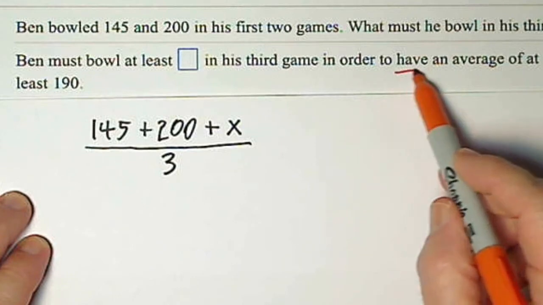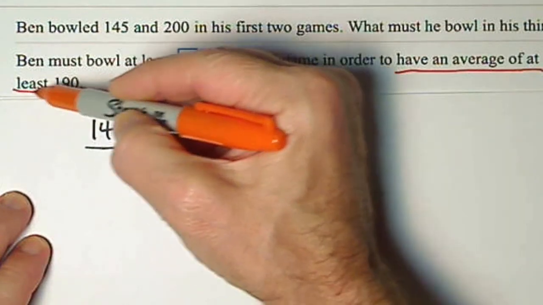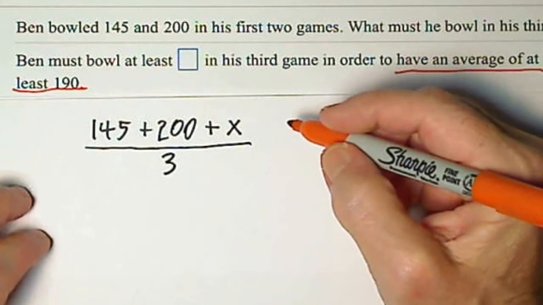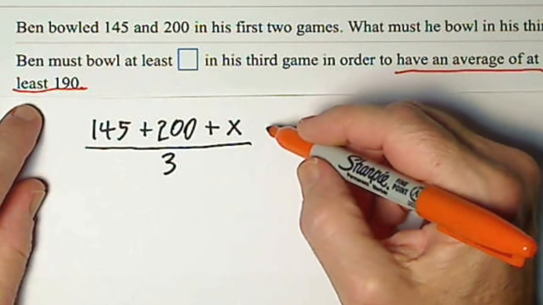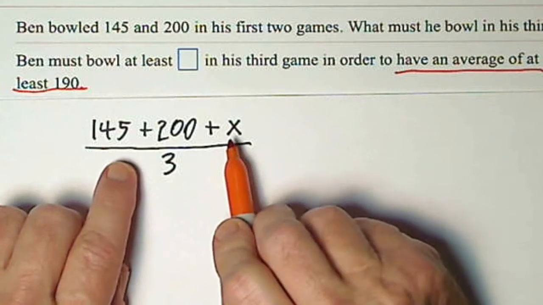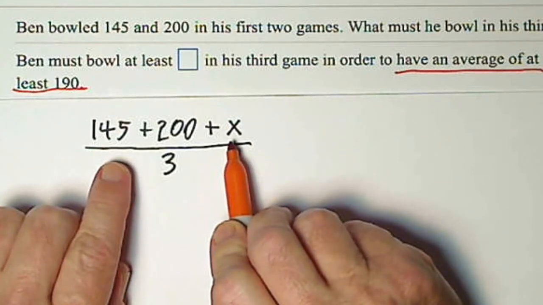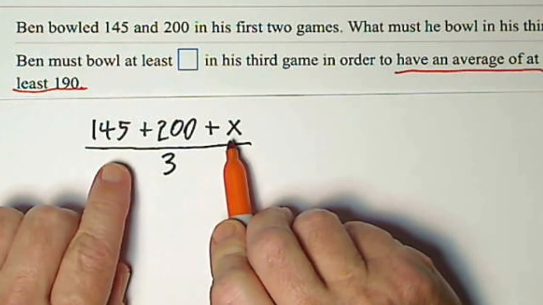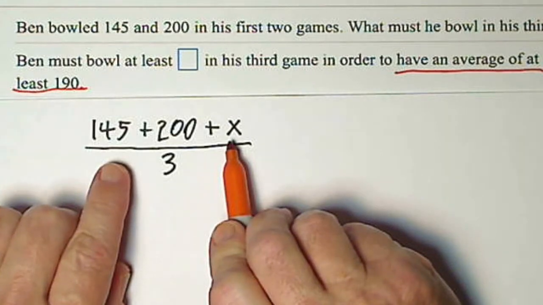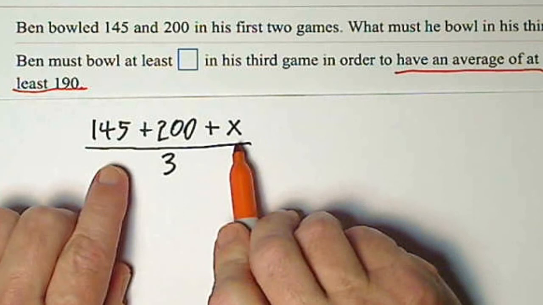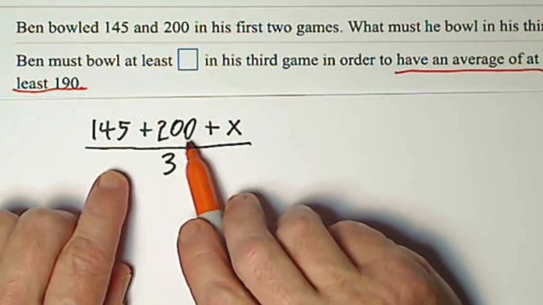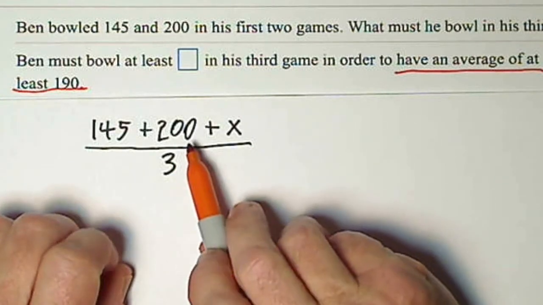To have an average of at least 190. So they're saying they don't want this to be anything less than 190. They'd be happy if it was 195, 200, 210. I'm not sure. I think a perfect game in bowling is 300.